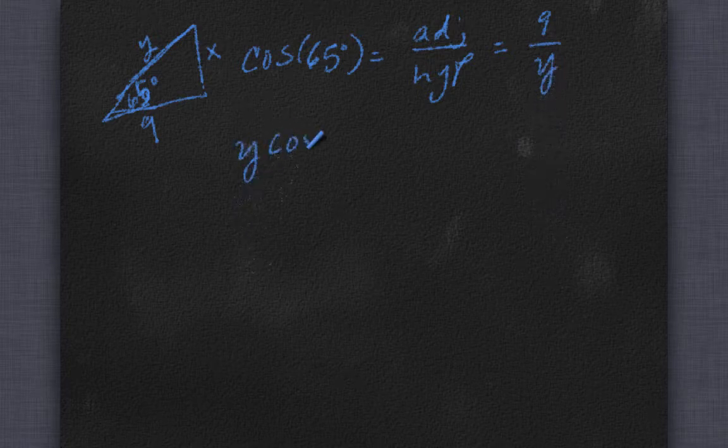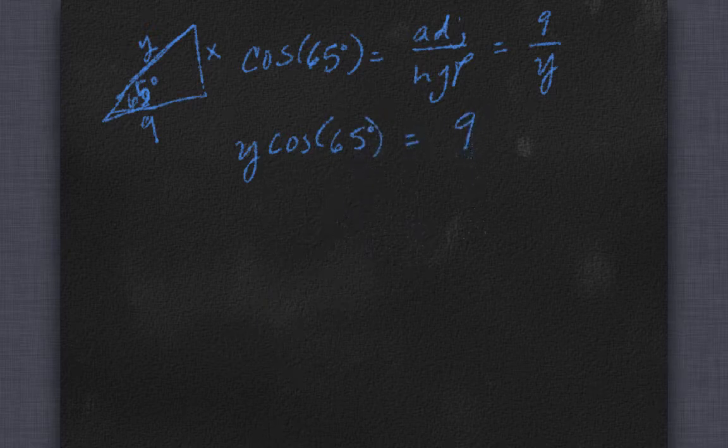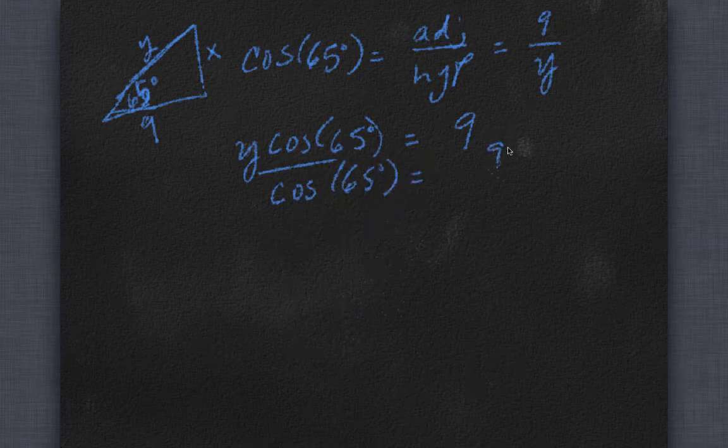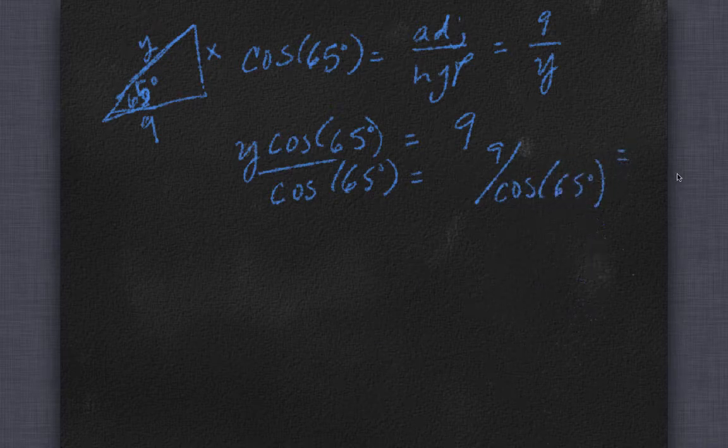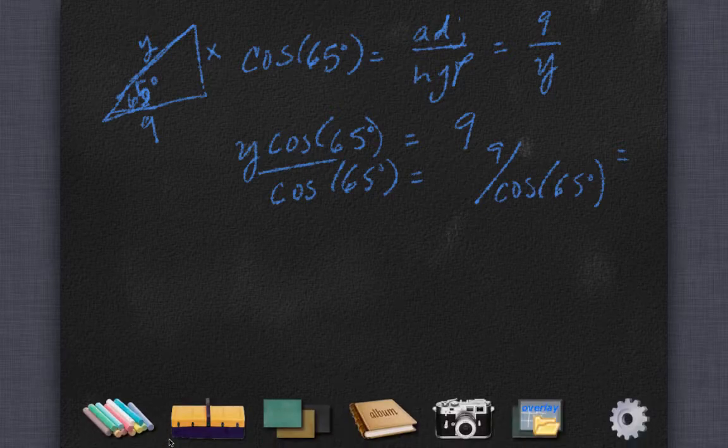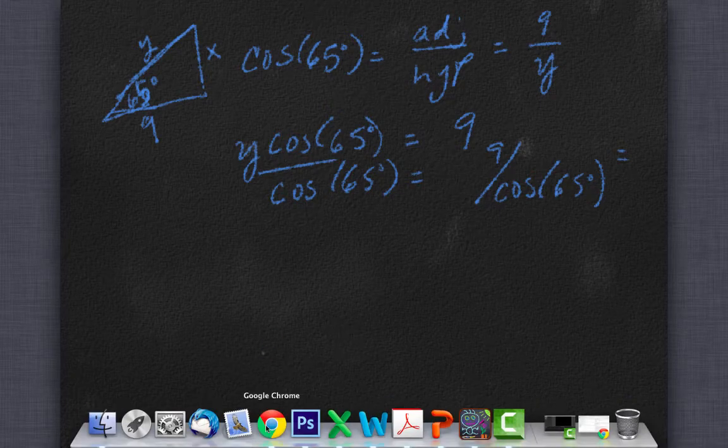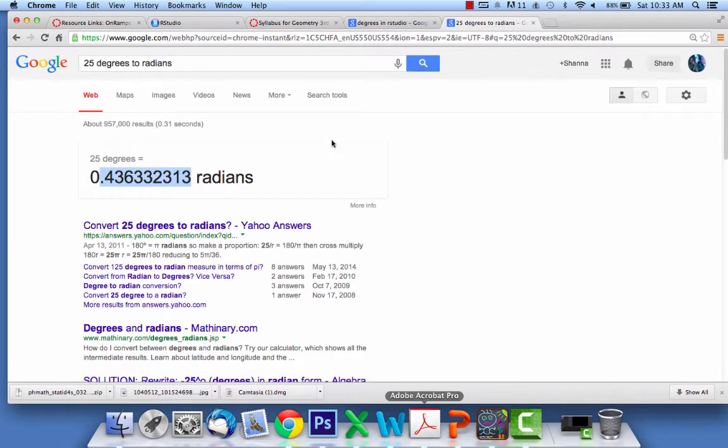So y times cosine 65 is 9. So that is, really should have brought a calculator over here. Ignore me for a minute because I don't want to waste too much time deleting these pieces out of here.